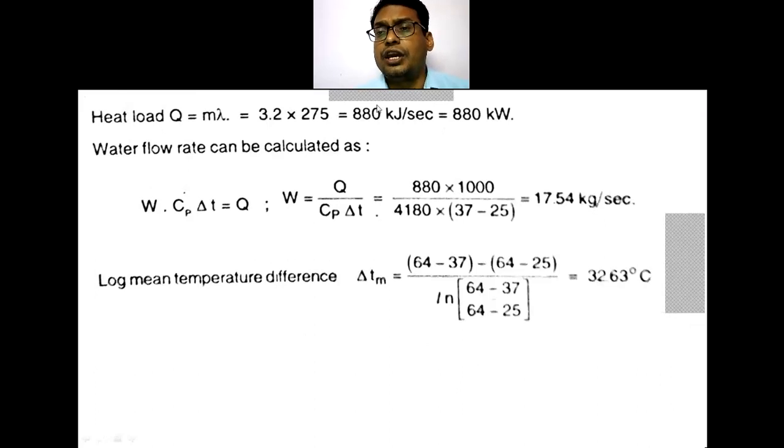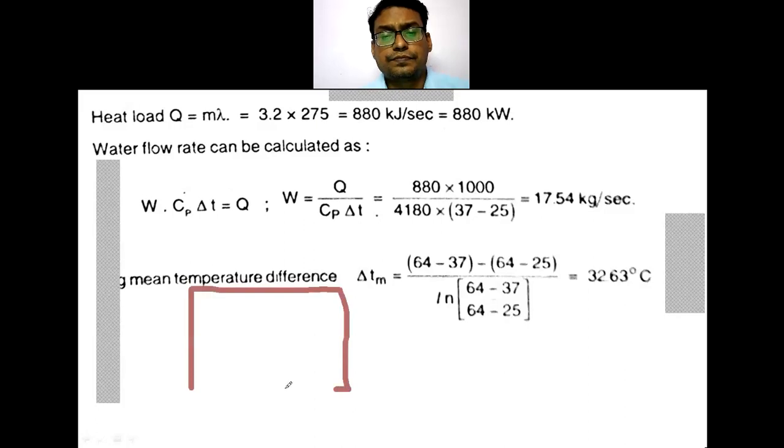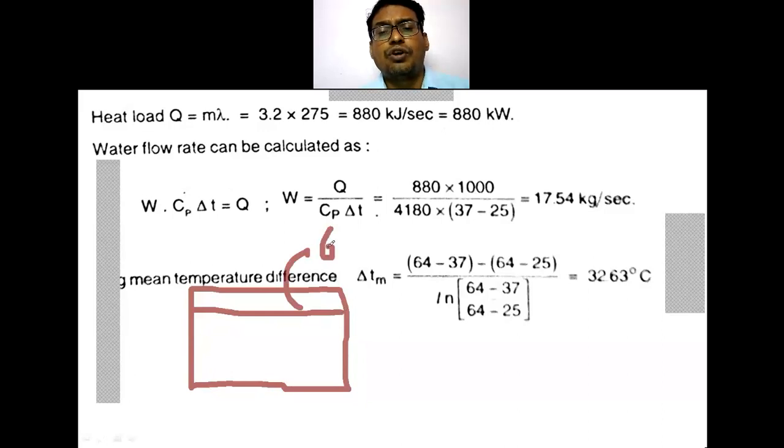So I can draw the temperature profile diagram for this purpose. Isobutane is at a constant temperature, as this is a condensation process. So isobutane is at 64 degrees Celsius. And for the cooling water, its temperature will increase from 25 to 37 degrees Celsius.